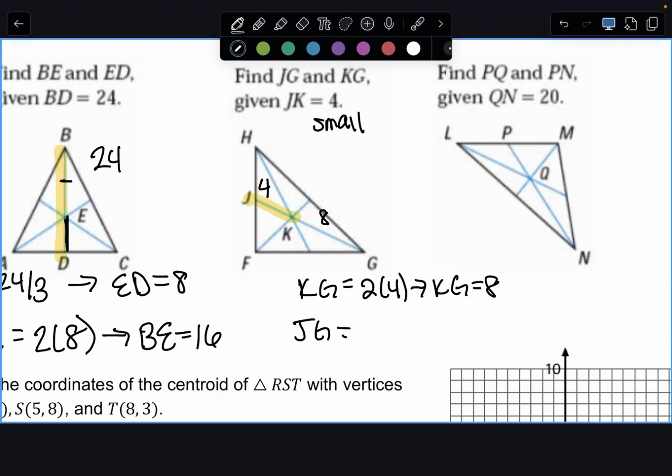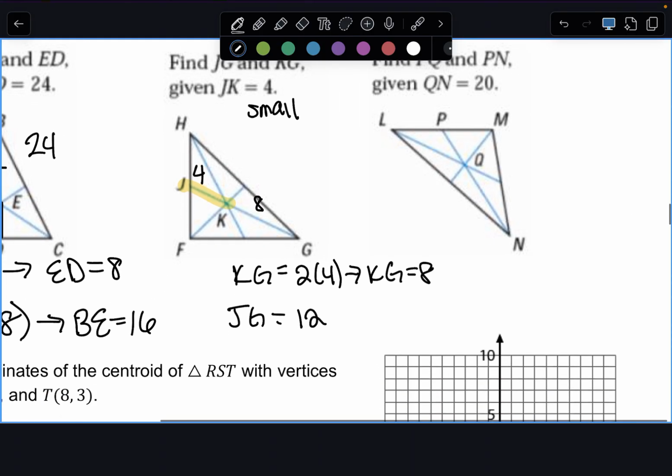You could either say, okay, the whole thing is going to be 4 plus 8, or you could say 4 times 3. You have options. But our whole thing here is going to be 4 plus 8, that's 12. Okay? Questions on that one?